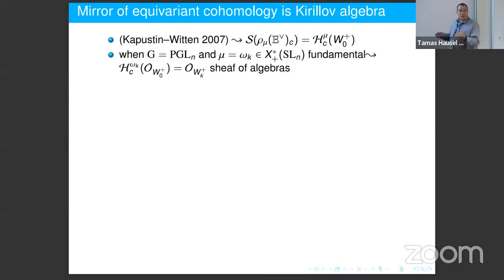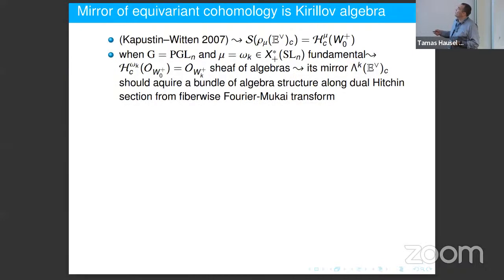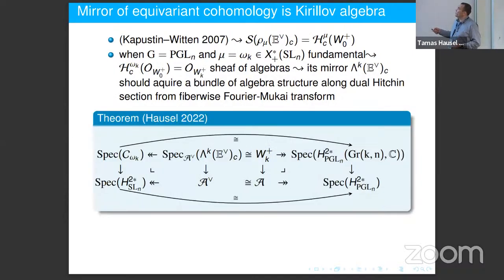It itself has a sheaf of algebra structure. You can multiply functions. And then you can think about what the sheaf of algebra becomes under Fourier-Mukai transform. It will be some sort of sheaf of convolution algebras, but over the identity, we will have an algebra structure. And that's what will give us this conjectural or hoped for universal bundle of algebra structure.